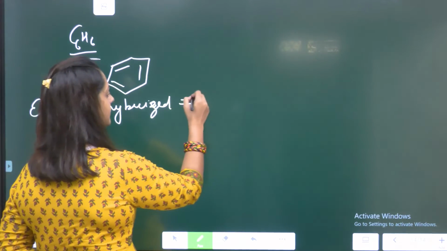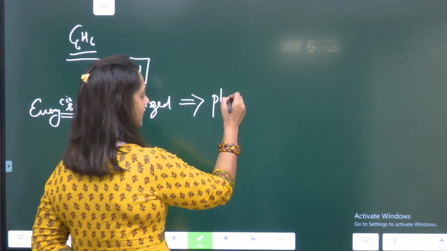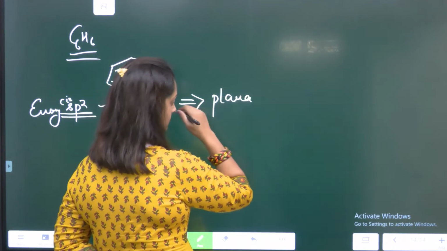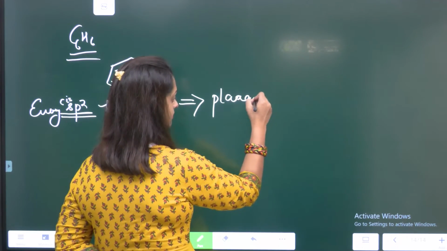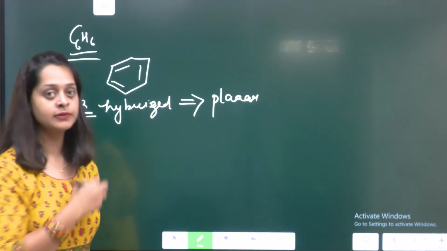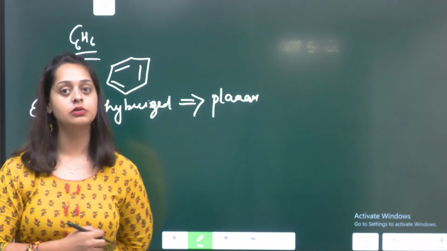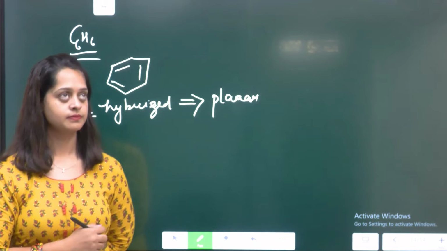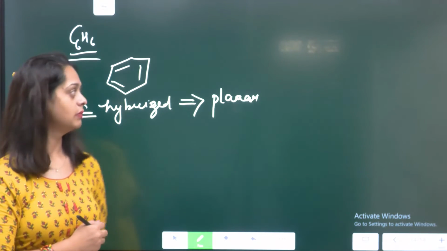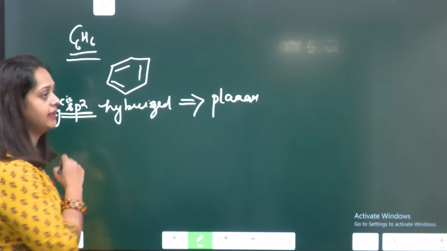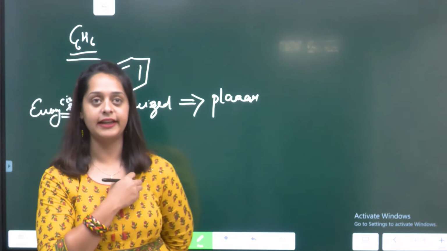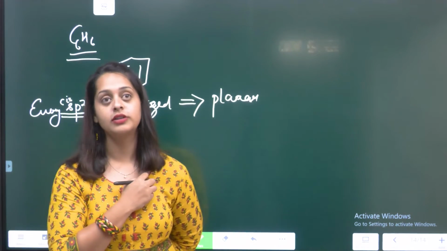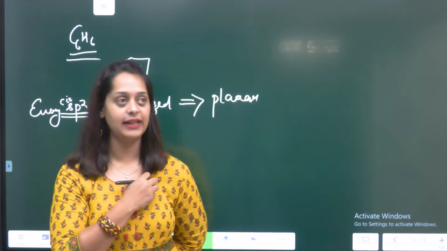So thus I can say this molecule is planar in structure, because sp2 hybridized is trigonal planar. All the bonds will be lying in the plane only.